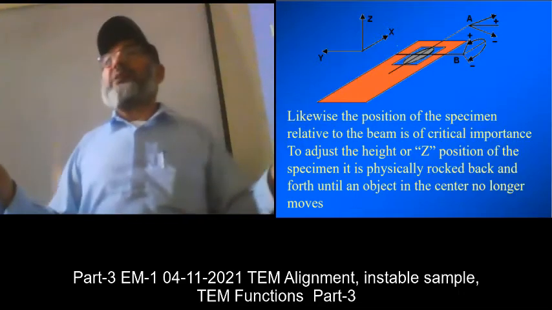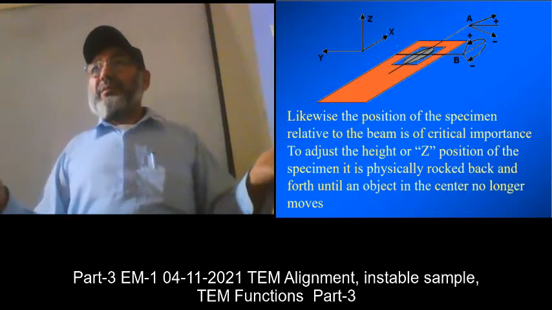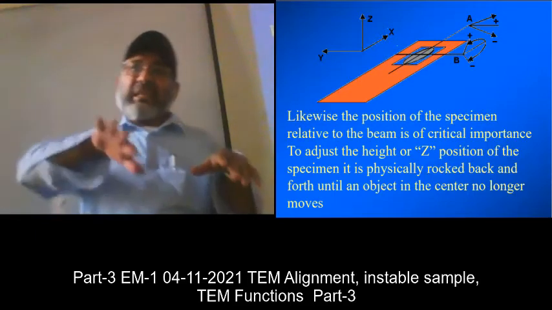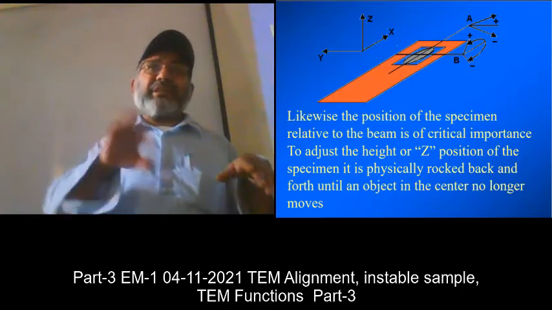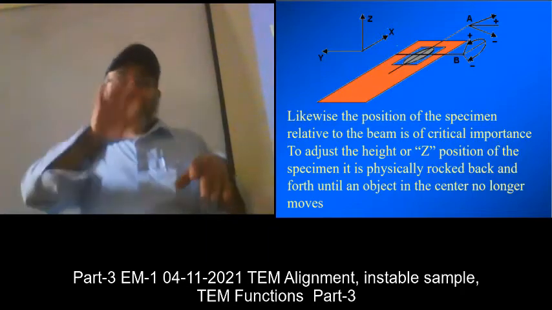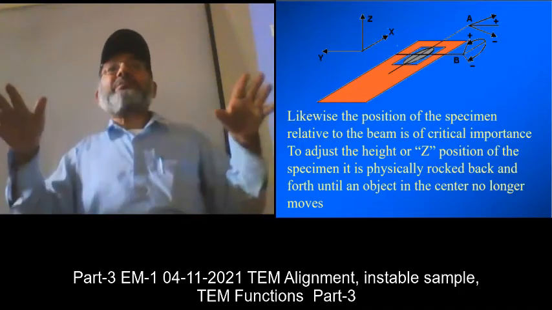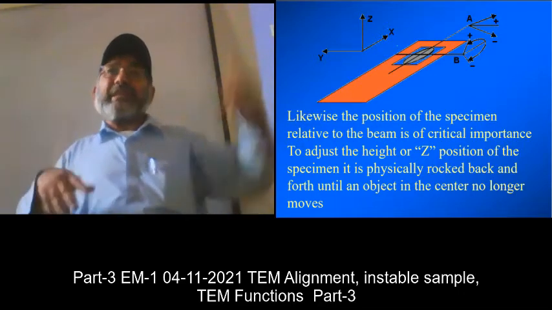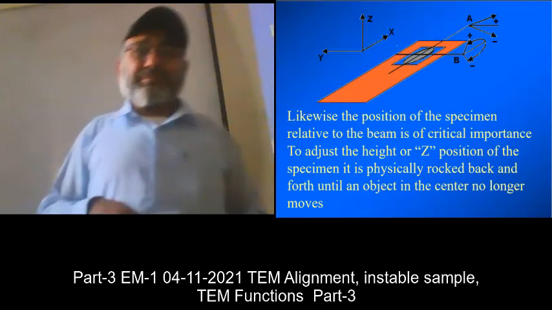I can't look at every point in the sample. But if I am tilting the goniometer and the sample is tilting, and that feature is tilting as well, but not changing the position, then I say it is aligned.